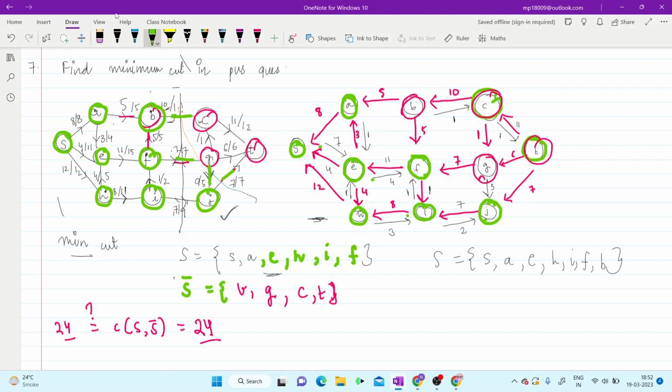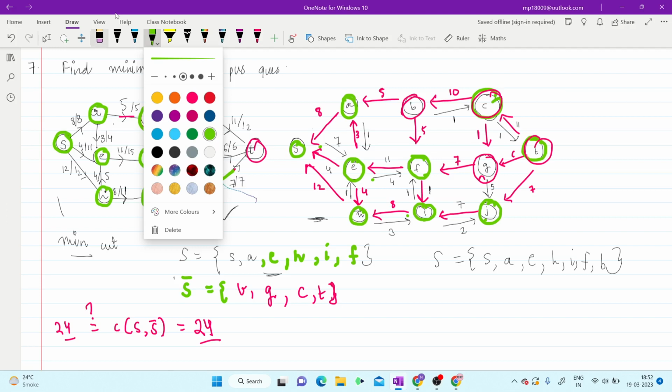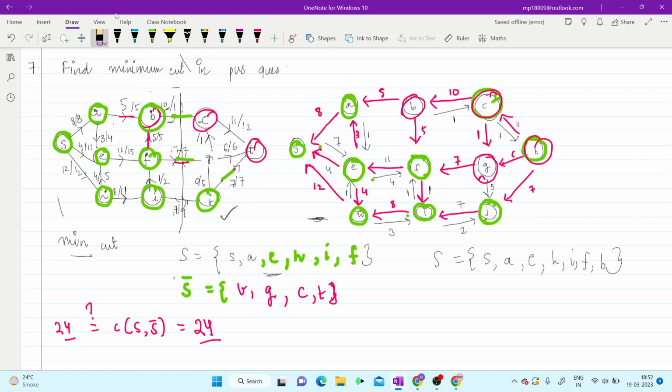Wait, not GJ, because it is in the other direction. GJ is in this direction, so we are not considering it. So we can only take BC, FG and JT.